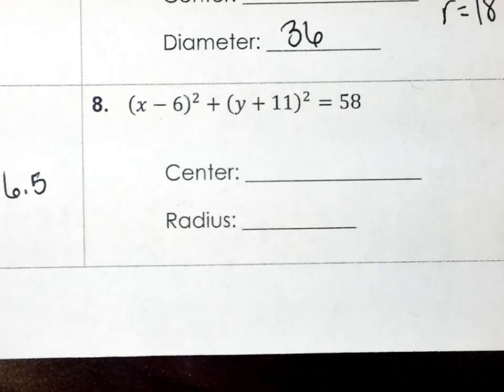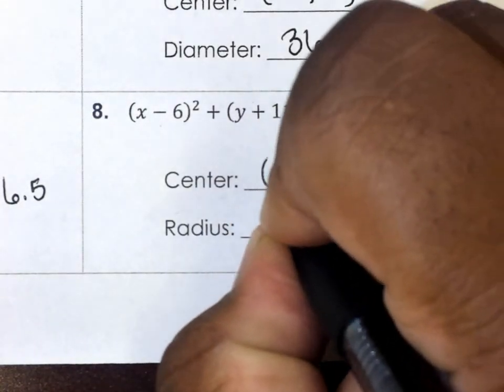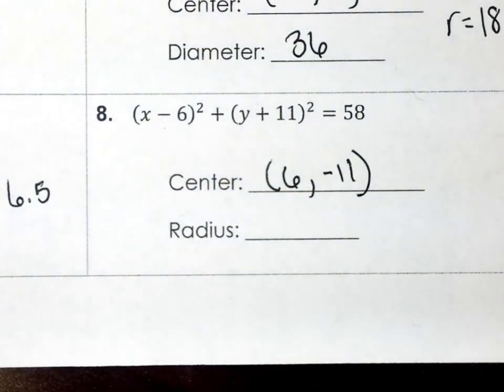I ain't bothered yet. Isaiah, number 8, center. Say it again. 6, -11. Okay. What's the radius?